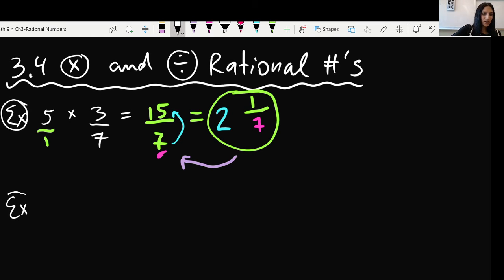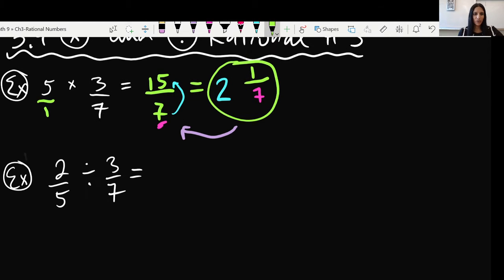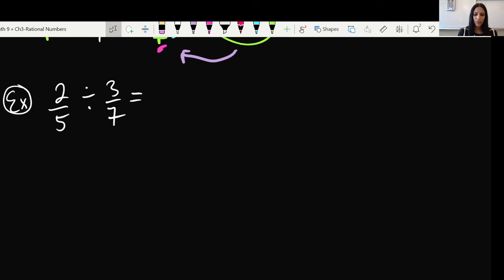Okay, so moving on to our next example, if we have 2 over 5 and we want to divide that by 3 over 7. Just to remind you, when we are dealing with division of fractions, the way for us to deal with it is to take this second number and find the reciprocal of it.